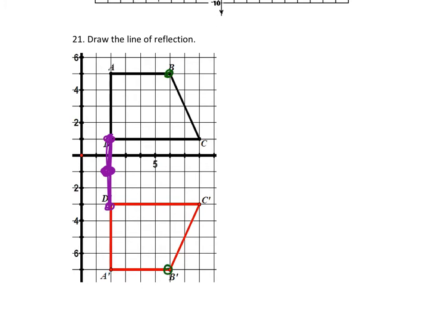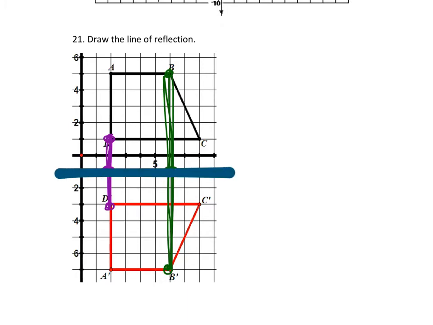You could use C and C prime or A and A prime, but I'm just choosing these two. The halfway point between these two would be right here, which means that the line of reflection has to go through those two points, which would put it right there. So that blue line right there is the line of reflection.